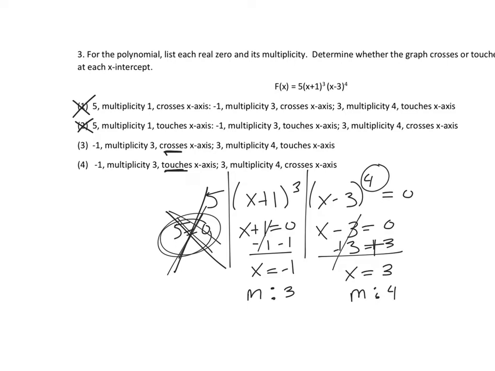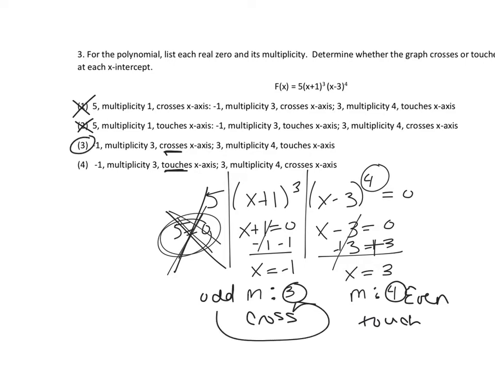What I'm talking about is the multiplicity. So this is an even multiplicity, so it's going to touch at 3, and this is an odd multiplicity, so it's going to cross. So I'm going to have choice 3, because negative 1 has an odd multiplicity, which means I cross, and the 3 has an even multiplicity, which means I touch.